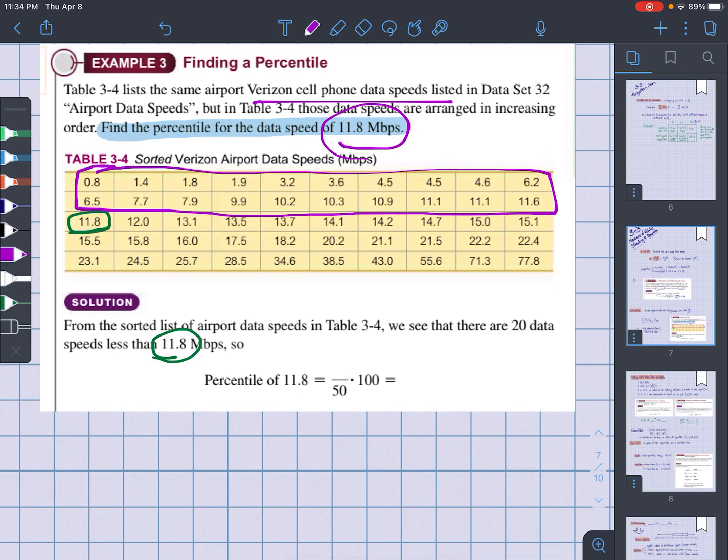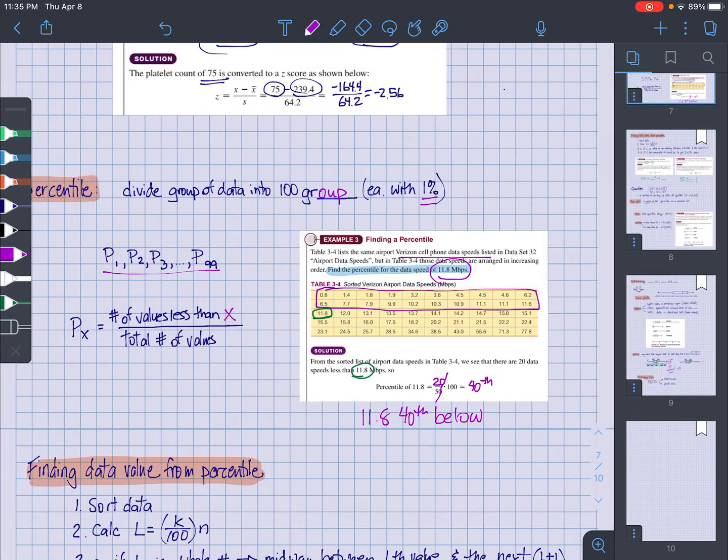And so we can now see that 11.8 has 20 below, always take the below, divided by 50, the total, times 100. And so that's 0.4, and so that tells me 40. So this is in the 40th percentile. All right, 11.8. Which means that there are 40% of the data items below, and there are 60% above.